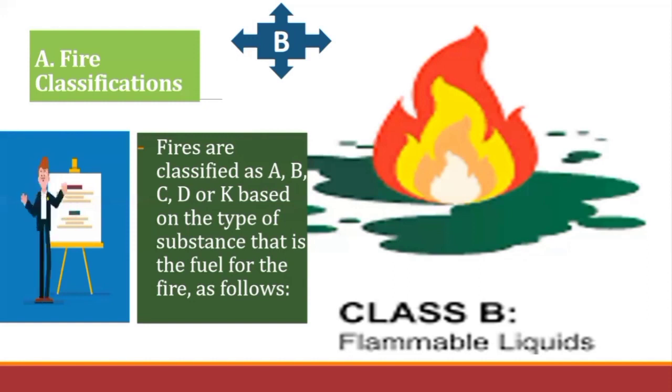So water is not the best type of extinguisher for Class B, but instead make use of foam or powder extinguishers. There are fire extinguishers that can release foam or even powder that is appropriate for Class B fires.